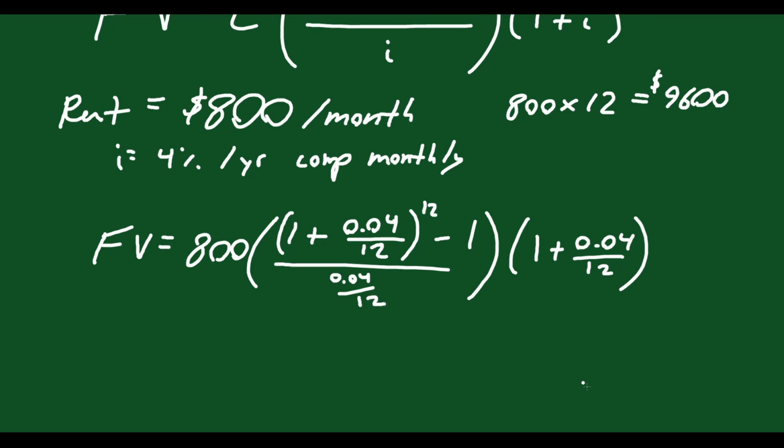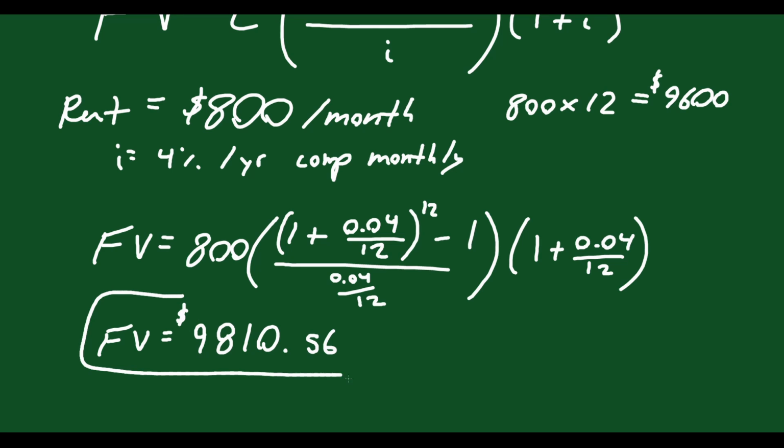Now we can calculate this and see what we get, and remember, you're expecting a value bigger than 9,600. And if you calculate this, you're going to get $9,810.56, and indeed, that is above $9,600, right? It is more than that. So this answer makes sense.